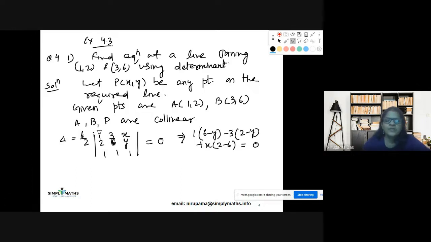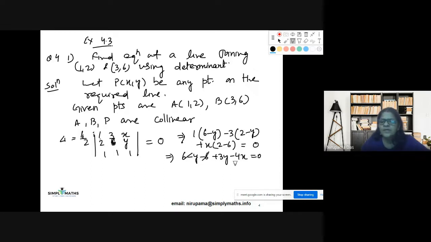Let me cross check it just to check the calculation. 1 into (6 minus y), done. Minus 3 into (2 minus y), done. x into (2 minus 6). So this implies 6 minus y, minus 6 plus 3y, minus 4x equals 0.